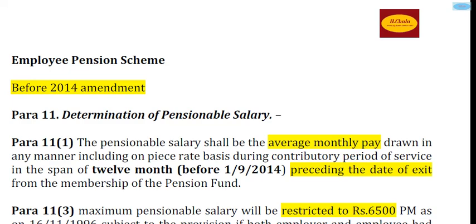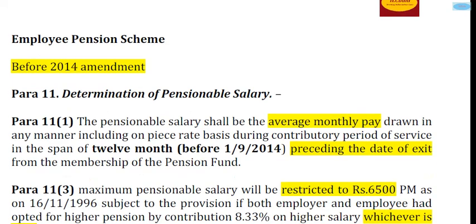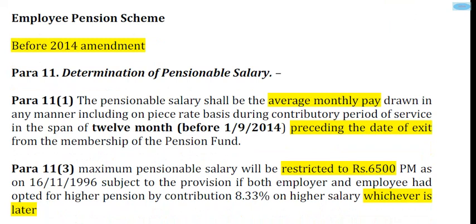Okay, that is para 11 subclause 1. What does para 11 subclause 3 say? It says the maximum pensionable salary will be restricted to 6,500 per month.